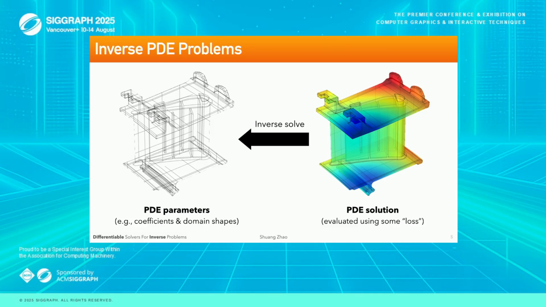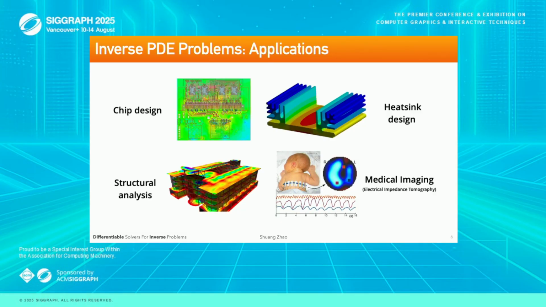So these are what we call inverse PDE problems. As I just mentioned, there are a lot of applications related to this type of PDE constrained design. So to some extent, solving inverse problems is why we want to have forward solves in the first place.